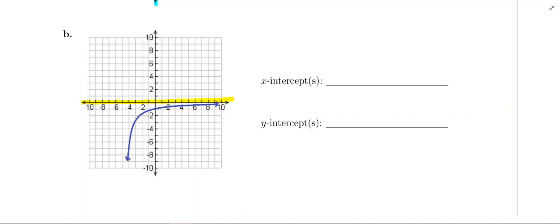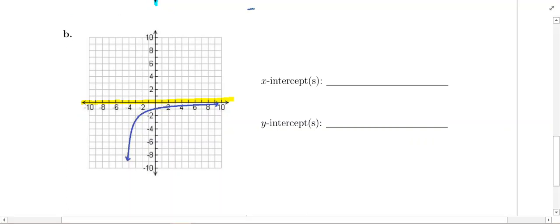Now pay special attention to this particular graph. What's going on here as we move from left to right, this little piece, if you can see where my cursor is, is understood to be getting closer and closer to the x-axis, but it never touches or crosses it. I'm going to make a note of that for you in case you're flipping back in your notes to remember this.